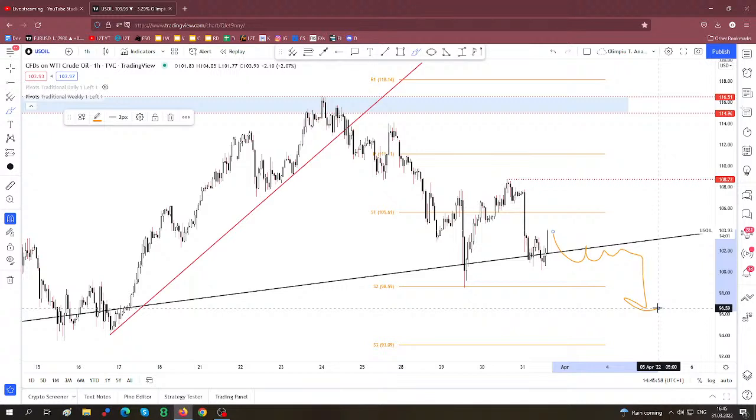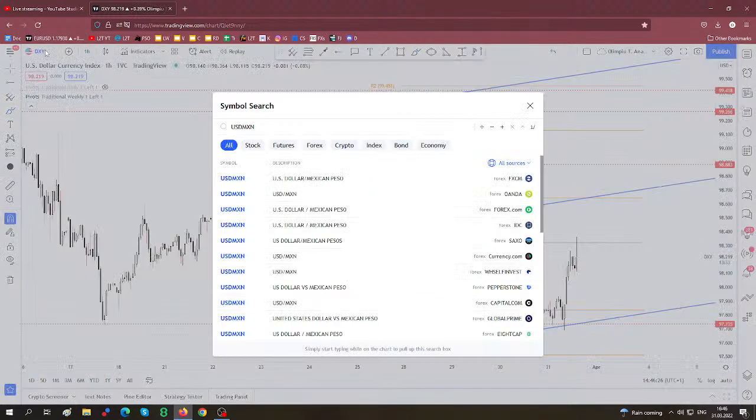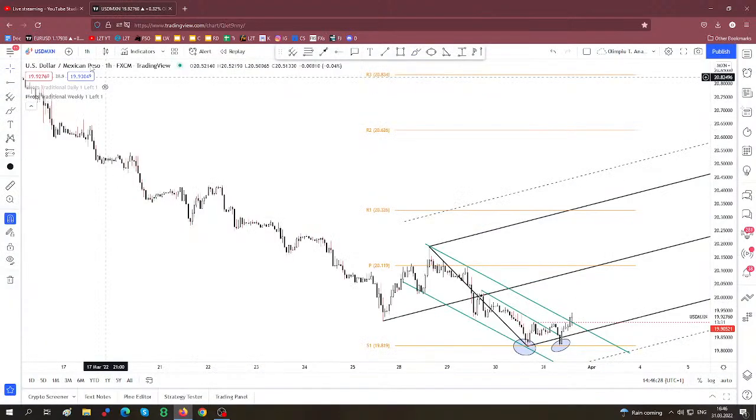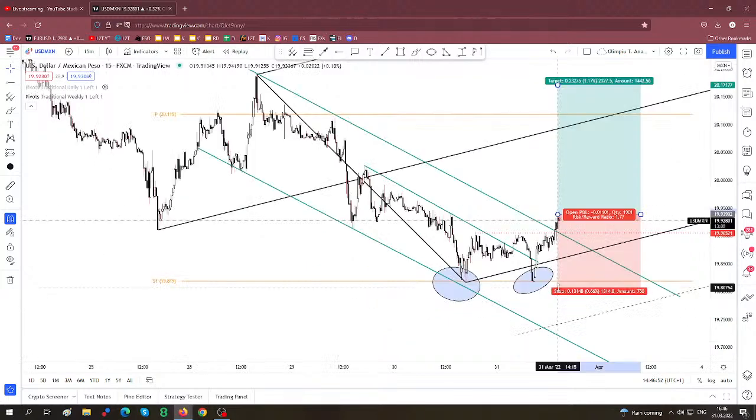Right now dollar index only false breakout. Let's go back. US dollar Mexican peso. Maybe I will still have that retest, sideways movement before I will go long. I've had something like a potential setup, but right now most likely I will move my stop loss higher.